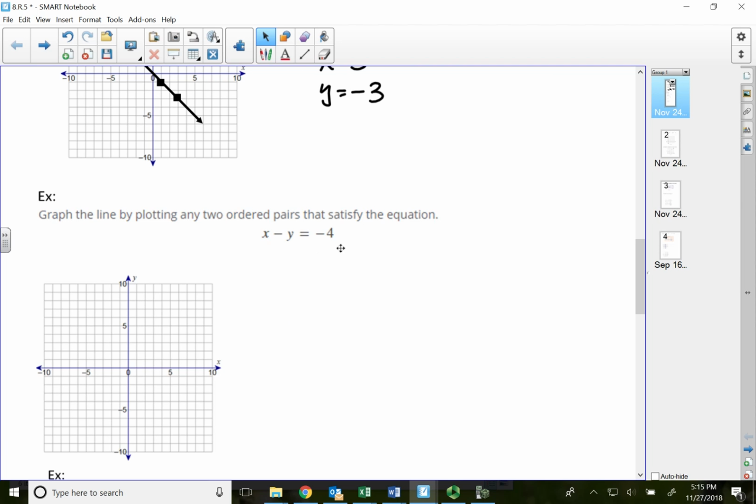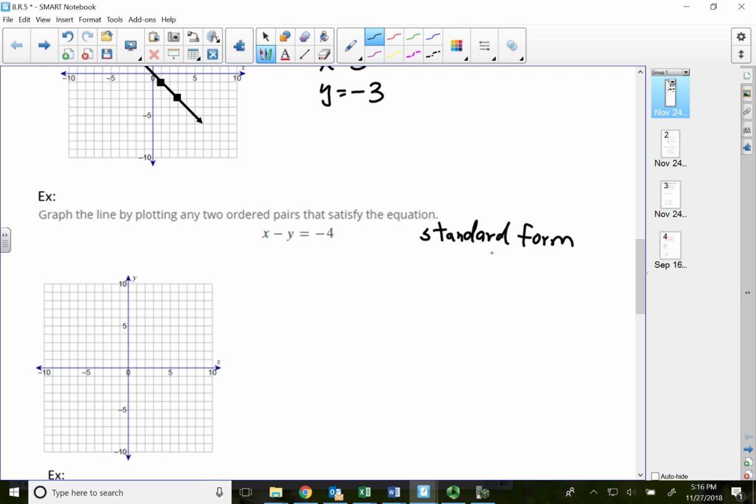All right, now this particular example here, where the x and y are on the same side of the equal sign, is written in standard form. When it comes to picking a number for x or for y, standard form is a little bit trickier.